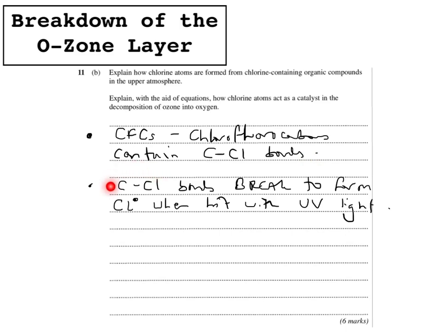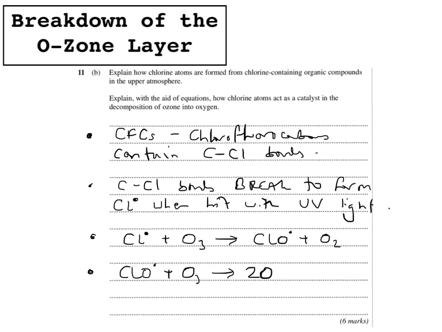Second mark saying the chlorine carbon bonds break to form these Cl dots. Third mark mentioning UV light. Fourth mark is your first propagation step, so Cl dot reacting with one ozone to form ClO dot and an oxygen. Your fifth mark is for your ClO dot reacting with another ozone to form 2 oxygens and regenerating your Cl dot.